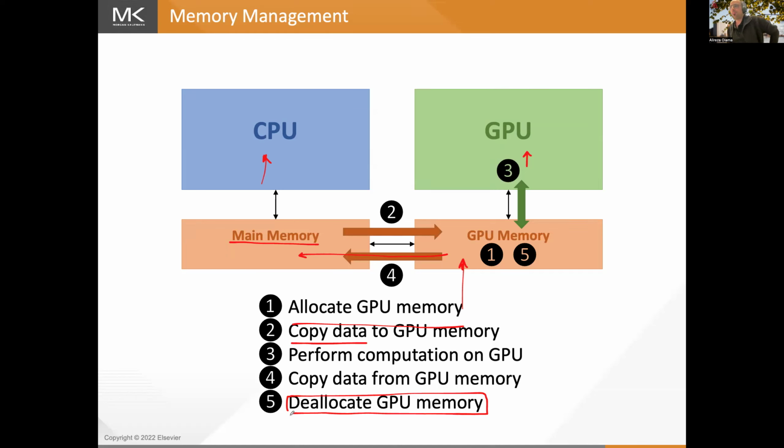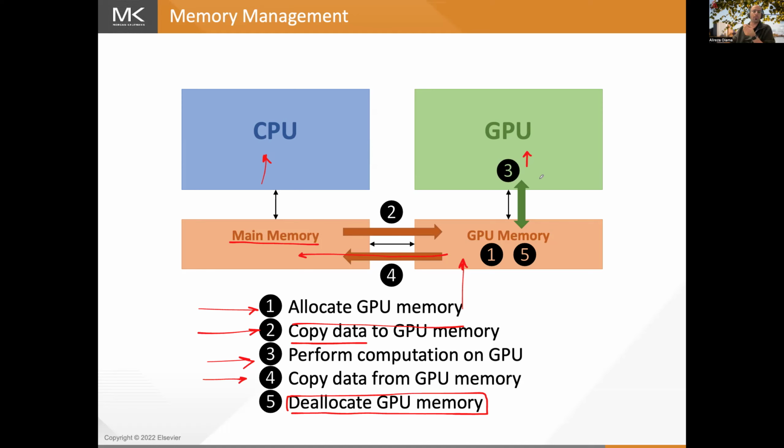So this is a basic workflow when you have a GPU and CPUs on the same machine and you want to program it. So just to emphasize, you have to first allocate the memory on the GPU, copy data from CPU to GPU memory, perform the computations, send the result back to the main memory, because in GPUs you cannot do the I/O operation.